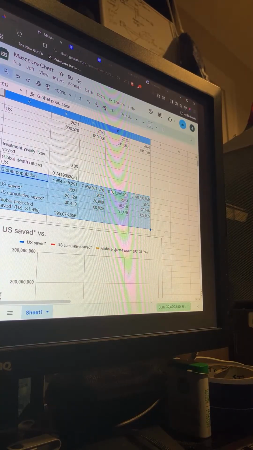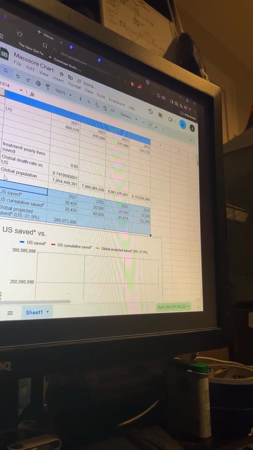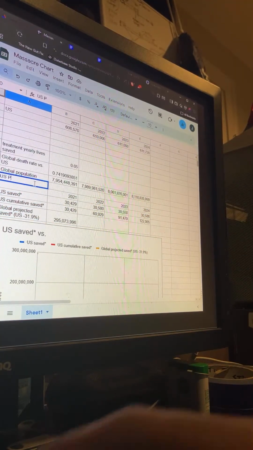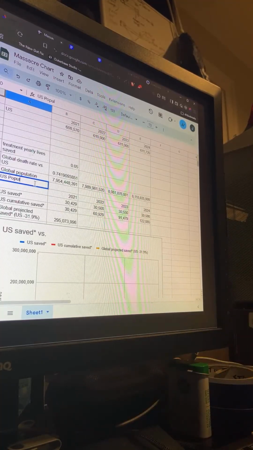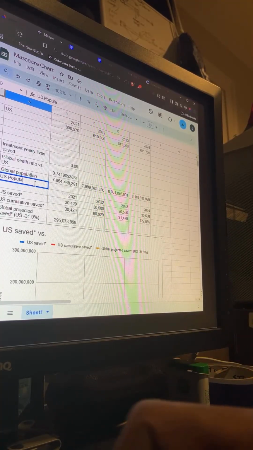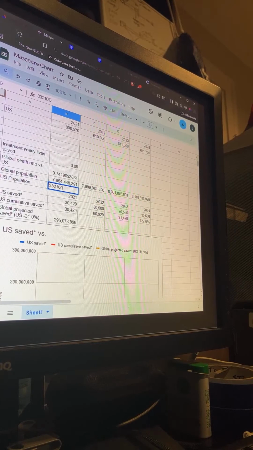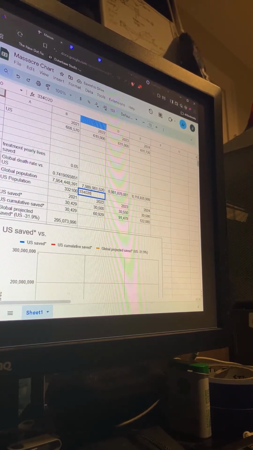We're actually going to adjust these population numbers based on, okay, there we go. U.S. We're going to adjust this population based on the yearly numbers. 332,100, 334,20, and 336,810,34.